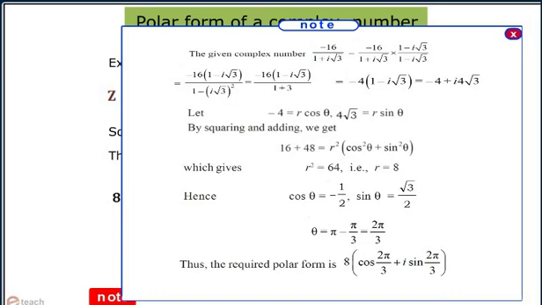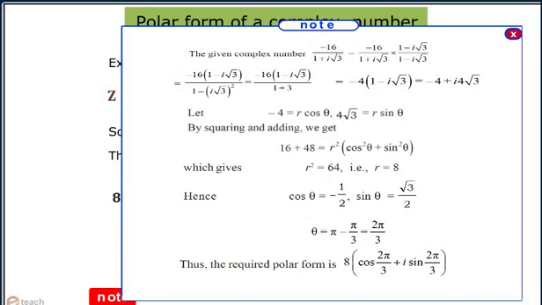Let minus 4 equal r cos theta and 4 root 3 equal r sin theta. By squaring and adding, we get 16 plus 48 equals r square into (cos square theta plus sin square theta), which gives r square equals 64, because we know that cos square theta plus sin square theta equals 1.